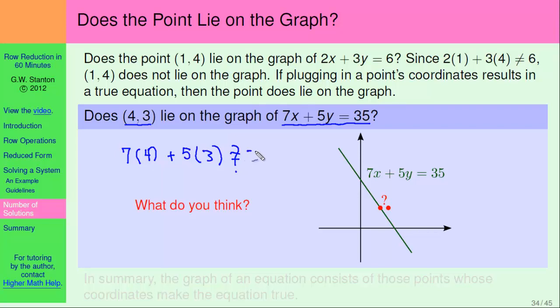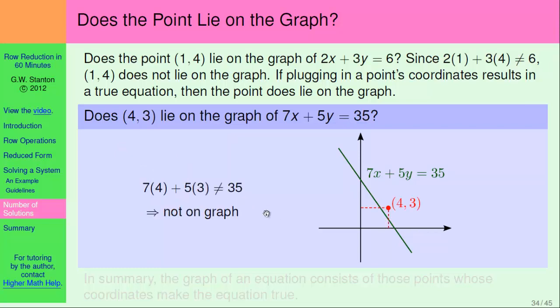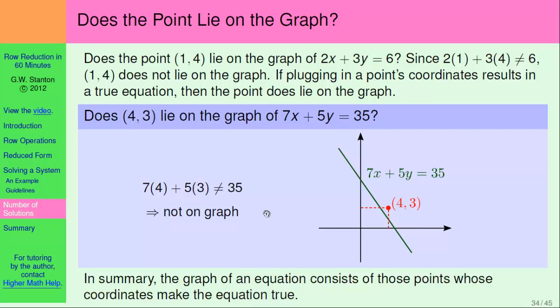Well, we want to know if that's equal to 35. 7 times 4 is 28, and 5 times 3 is 15, and 28 plus 15 is 43, which is not 35. So the point does not lie on the graph. In summary, the graph of an equation consists exactly of those points whose coordinates make the equation true.